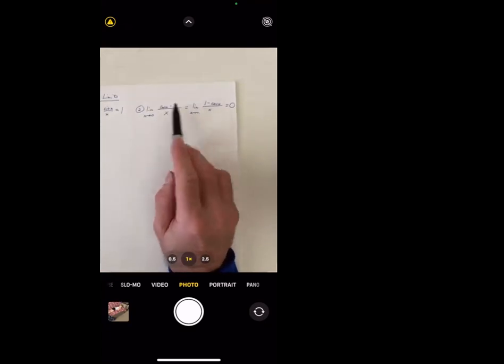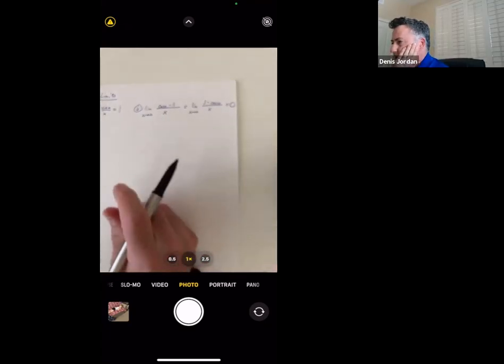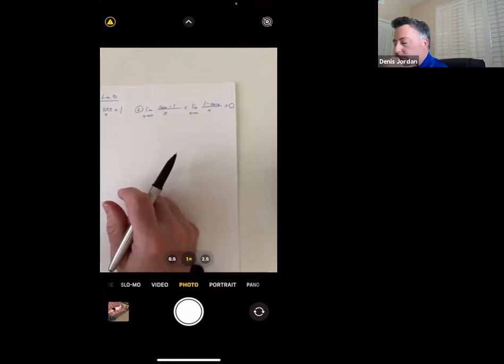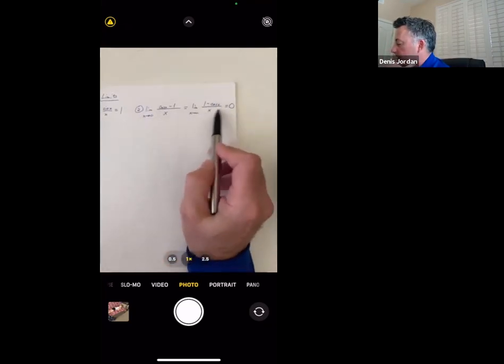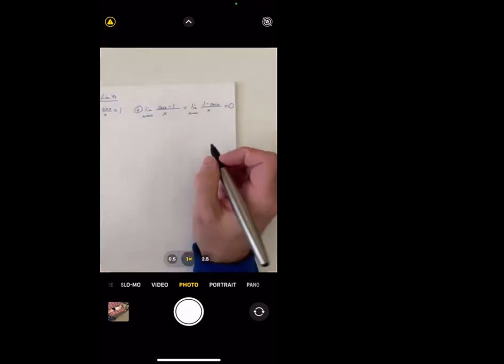So why is that? Why, if you switch the order, do you still get the same result? Because this is the one that was in the notes, but this one would still work. Is it because cosine of 0 equals 1?